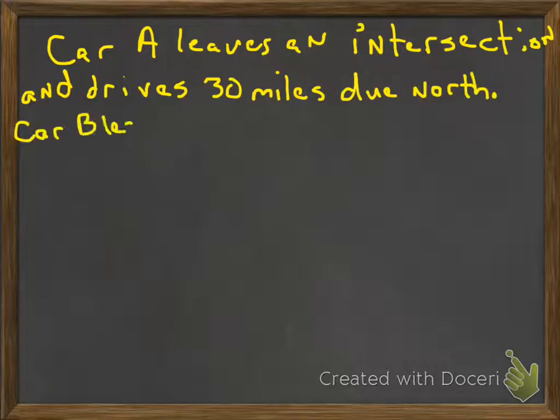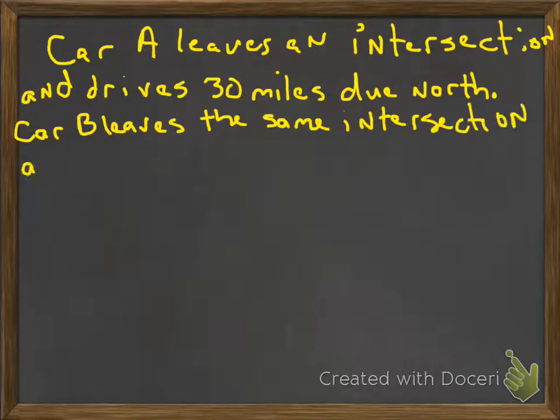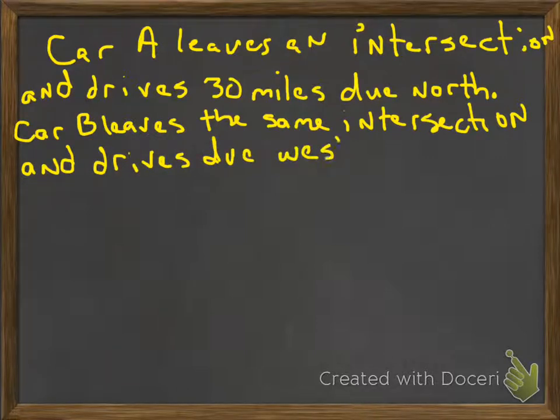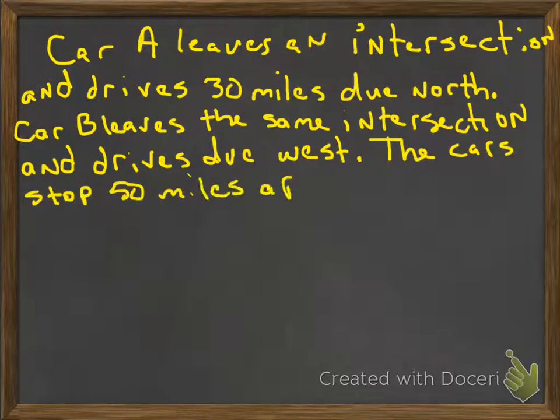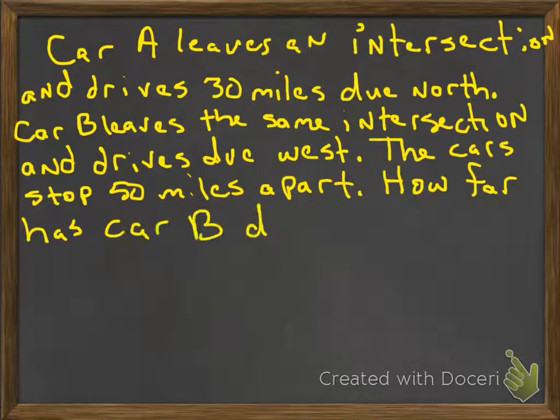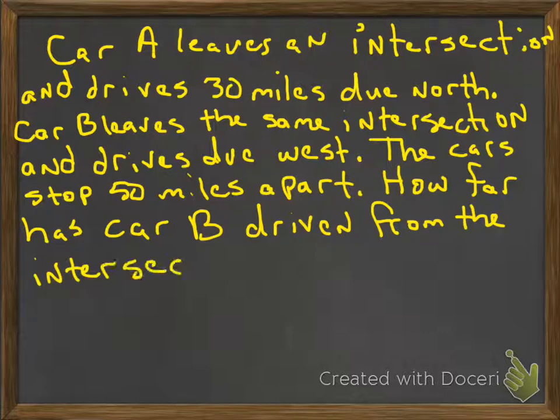Car B leaves at the same time, from the same intersection, and drives due west. The cars stop 50 miles apart. So basically they're stopping when they're 50 miles apart. How far has car B driven from its starting point, or from the intersection?